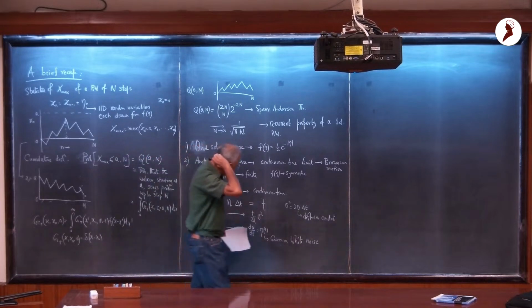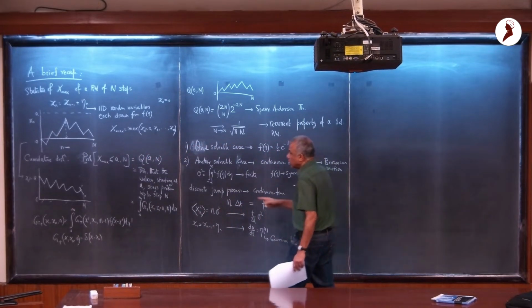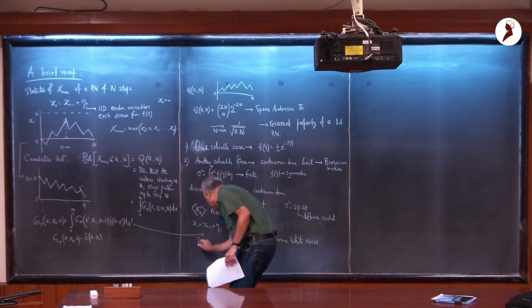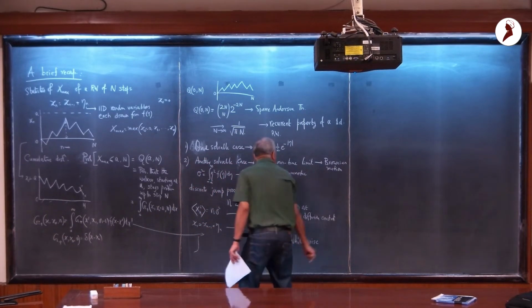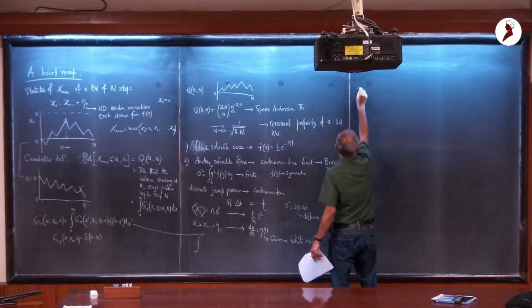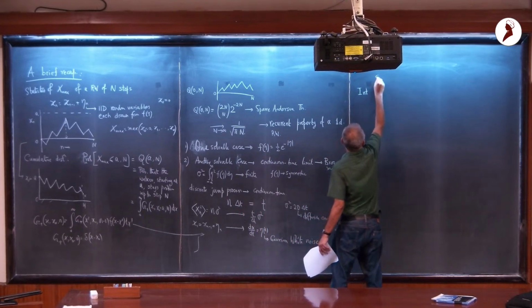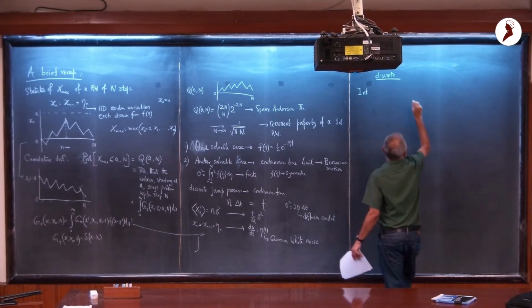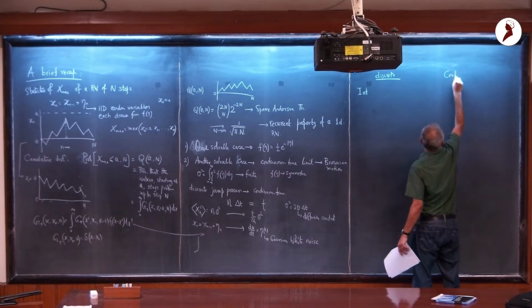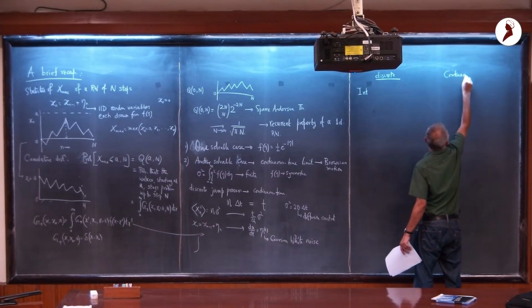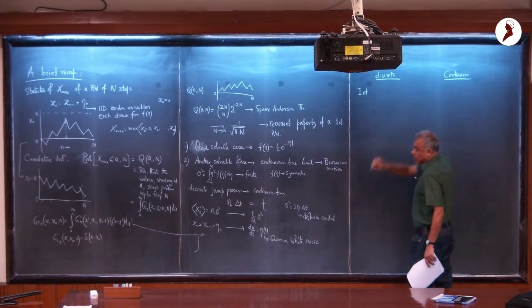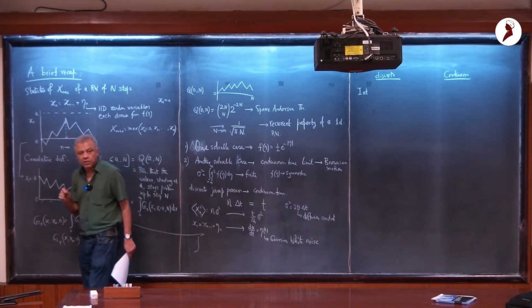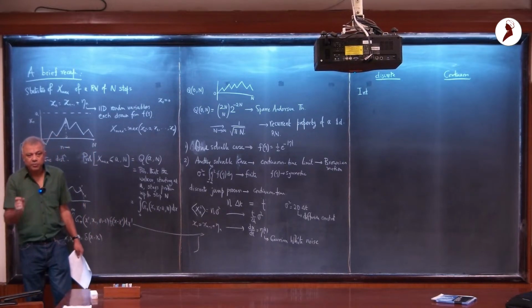Why is the noise Gaussian? Because when you take the delta t goes to 0 limit, you have your discrete process, right?